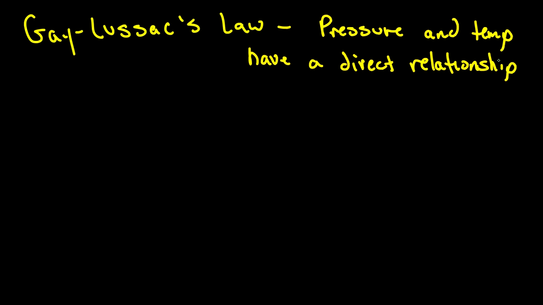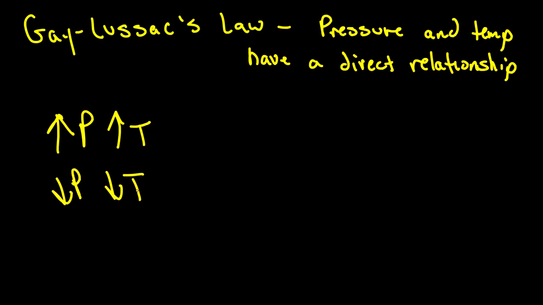So just like Charles' law, this has a direct relationship. That means if one variable goes up, the other one goes up. So if I increase the pressure, that's because my temperature may have gone up. Or my pressure may have fallen because my temperature may have fallen.